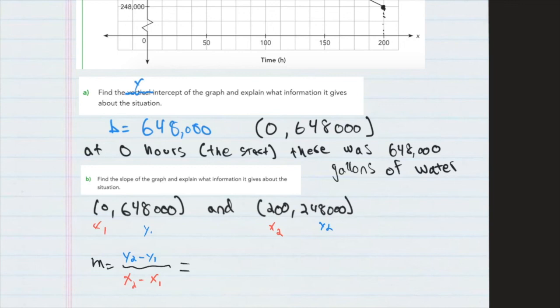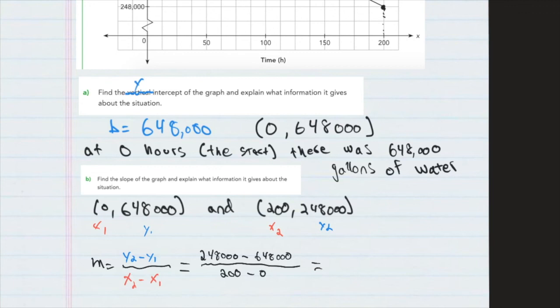And I'm just filling in those numbers now. So I've got 248,000 minus 648,000 over 200 minus 0.